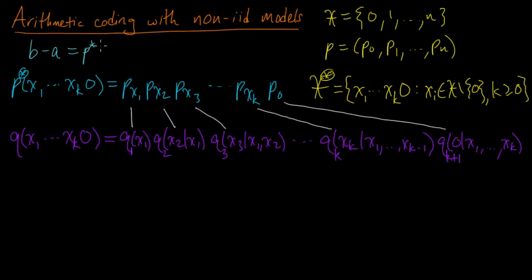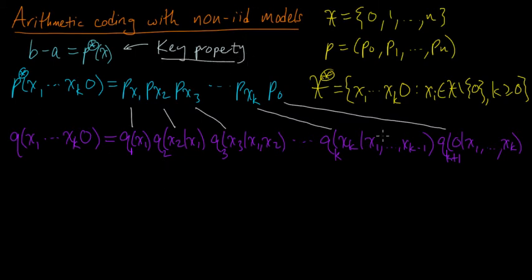So the AB corresponding to this sequence, which we could abbreviate by x, was just exactly this product of probabilities right here. And that was the key. That was the key property that arithmetic coding had, the way we've been doing it so far.